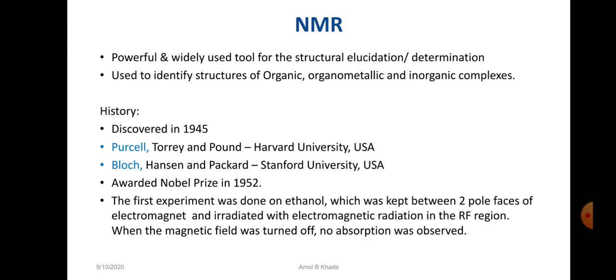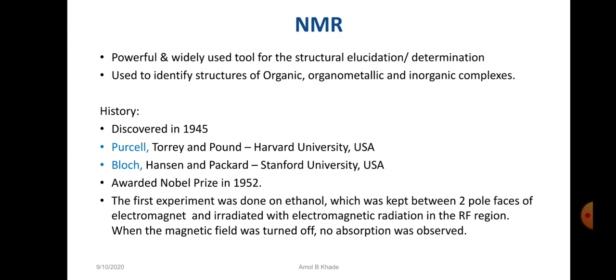This NMR spectroscopy is widely used to identify the structure of organic, organometallic and inorganic complexes. In addition, it is also used to determine complex structures like various biomolecules, such as proteins, amino acids and so on.